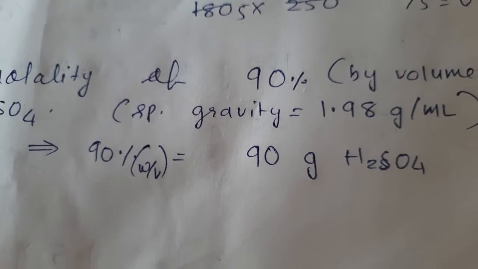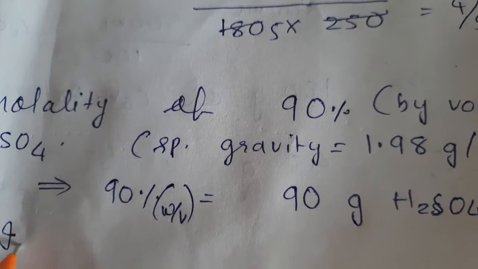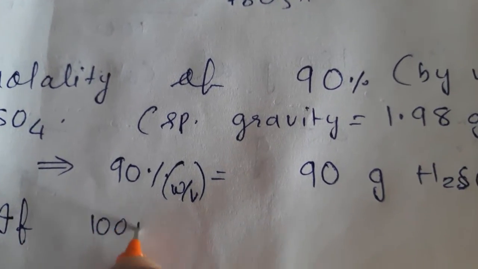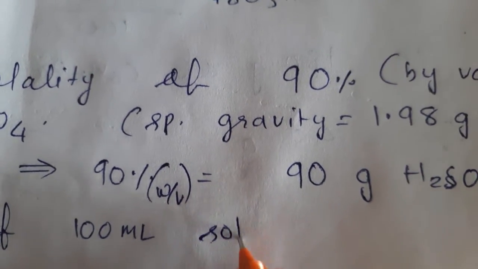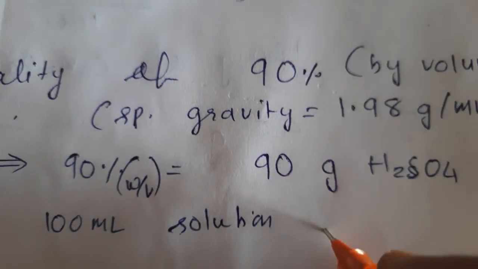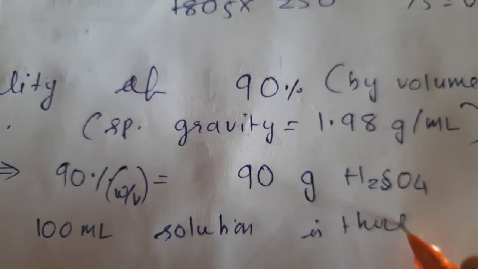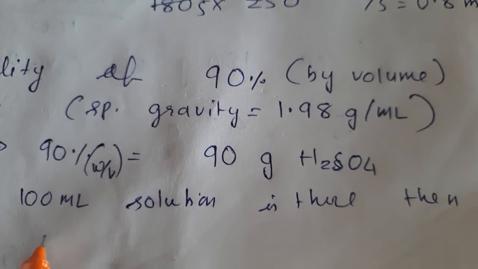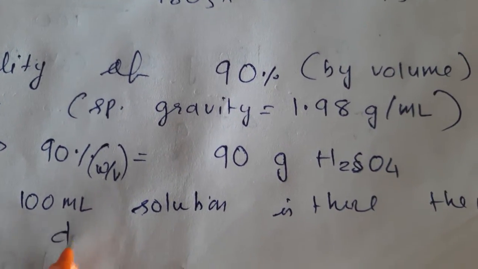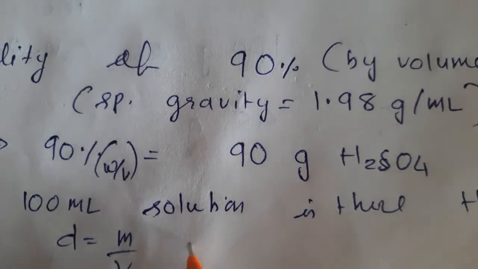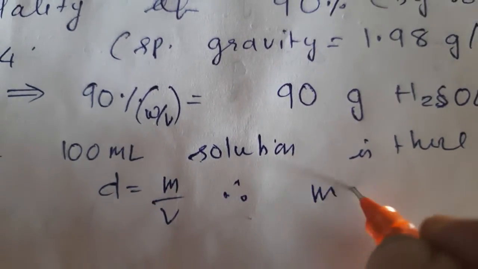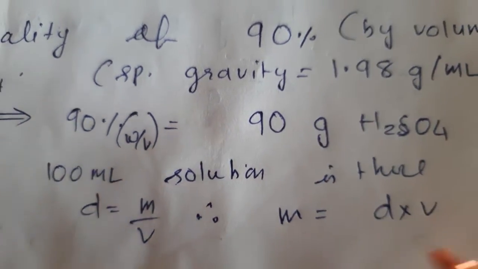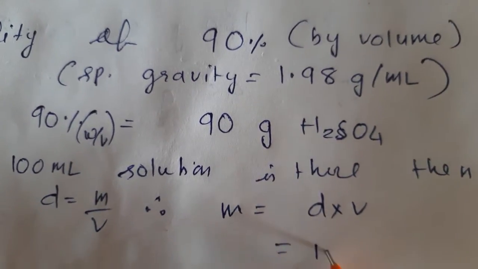We have seen this. Now if 100 ml of solution is there, then D is equal to M by V, M upon V, we all know. Therefore M is equal to D into V. What is our D? 1.98.